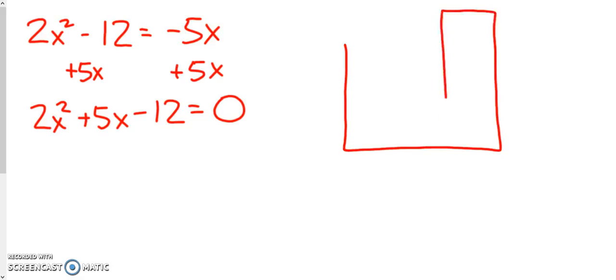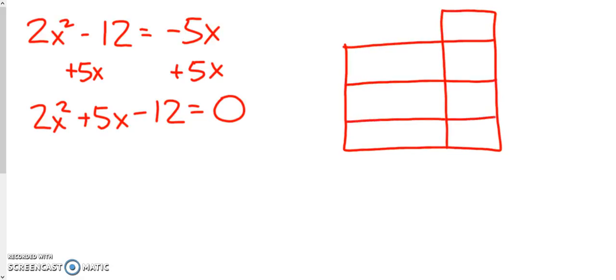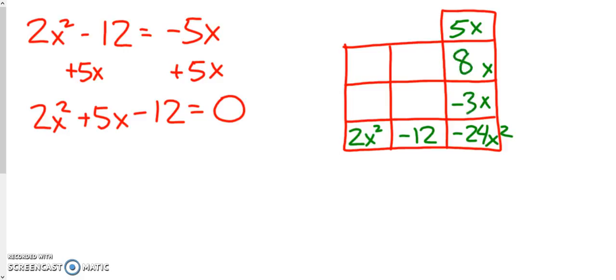I could also use it in the other ones; it's just a little extra work. There's 2x squared, 5x, negative 12, which makes negative 24x squared. These two boxes have to add up to 5x and multiply to give negative 24x squared. That would be 8x and negative 3x.